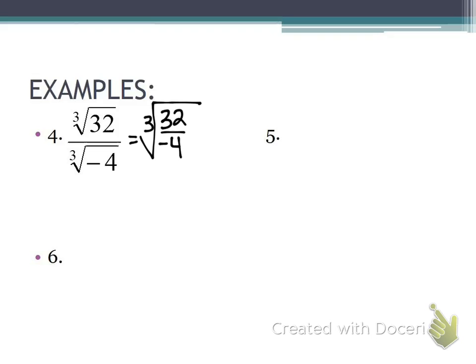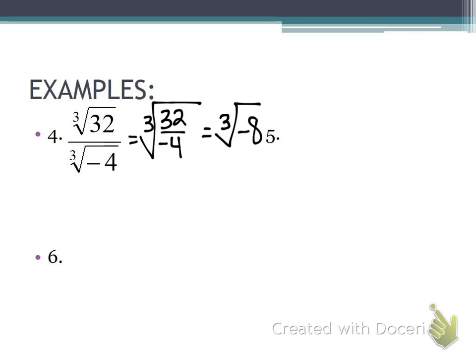Over time, hopefully you'll learn the best way to start simplifying these, but looking at this problem, I should be able to tell right away that I can take 32 and divide it nicely by -4. What does that give me? A -8. So now this all of a sudden is the cube root of -8.